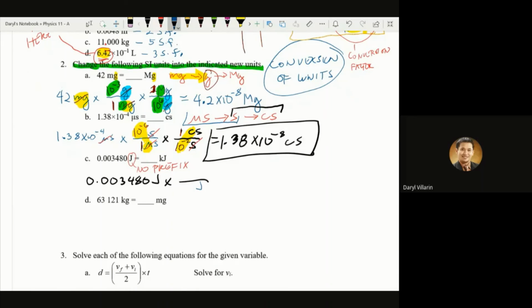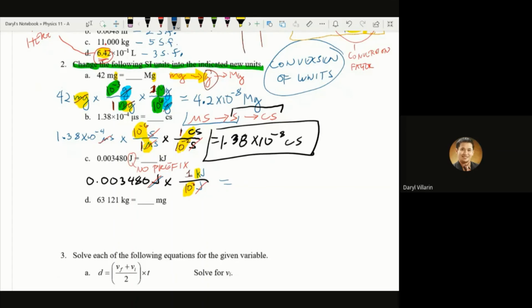And then to kilojoule, that should be on top. Okay, so if I'm gonna have my conversion factor, 1 kilojoule is just 10 to the power of 3 joules. So again, kilo is 10 to the power of 3. And then if I'm gonna multiply the two, joule is canceled off.